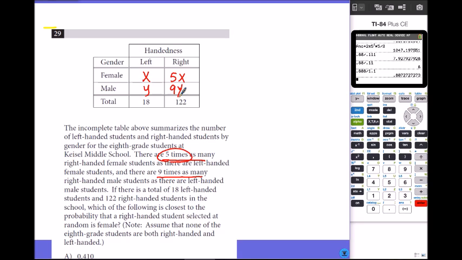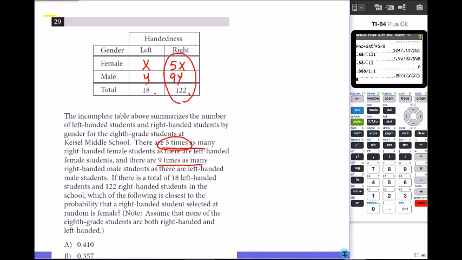That's interesting. If there is a total of 80 left-handed students here and 122 right-handed students in the school, which of the following is the closest to the probability that a right-handed student selected at random is female? So right-handed, we are basically looking for right-handed, which will be 5X plus 9Y.